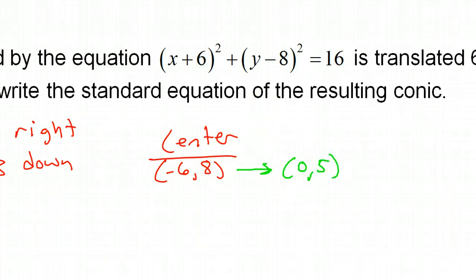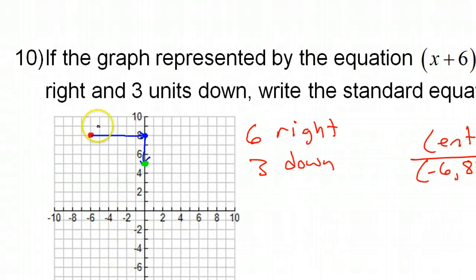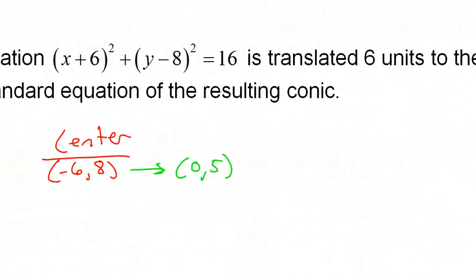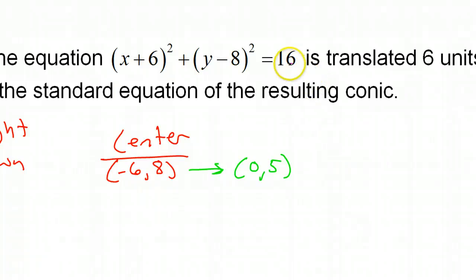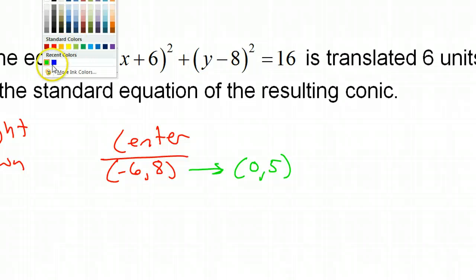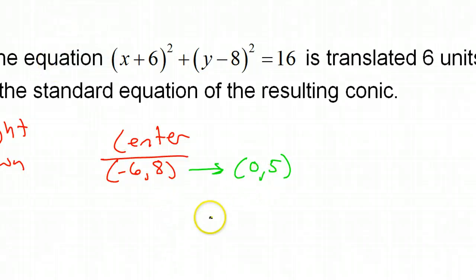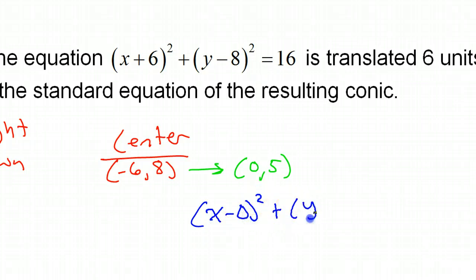Okay, we're talking about a circle, and we're just doing a translation. We're just sliding it. So the size of the circle isn't going to change. So this circle had a radius of 16, so the radius is still going to be 16. But using our new center, it's going to be like x minus 0 squared plus y minus 5 squared.